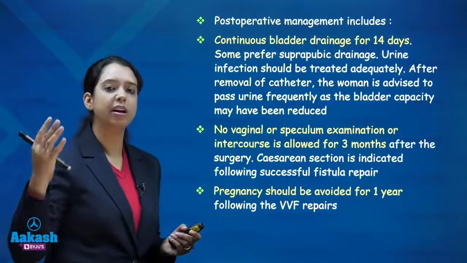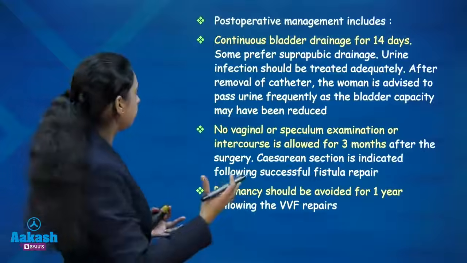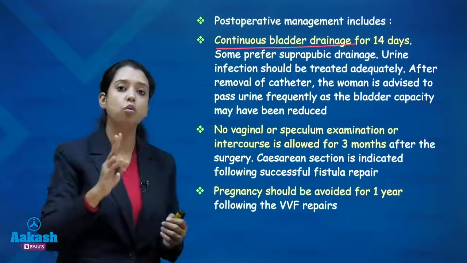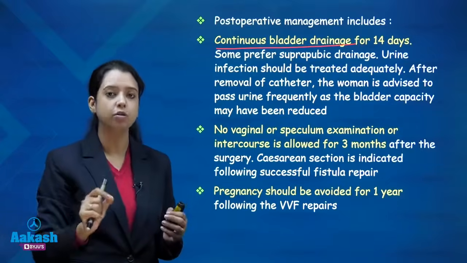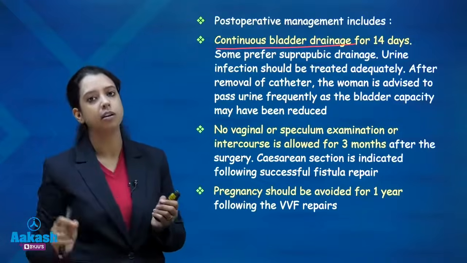Now once the VVF repair has been done, the post-surgery care which you have to give to the patient is continuous bladder drainage. So continuous bladder drainage is done for 2 weeks. Either do SPC or in some cases you can also do per urethral catheterization, but continuous drainage is needed.